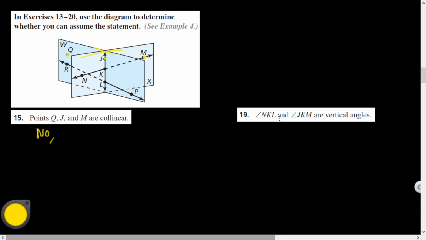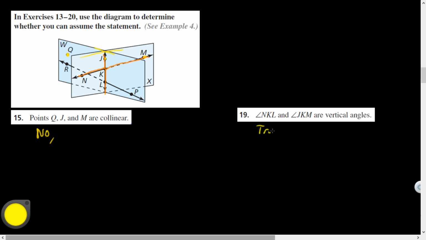Let's see, question 19. Angle NKL and angle JKM are vertical angles. So let's see, I'll swap colors here just for the sake of using the same diagram. NKL, okay, and JKM. Guys, I think that's true.